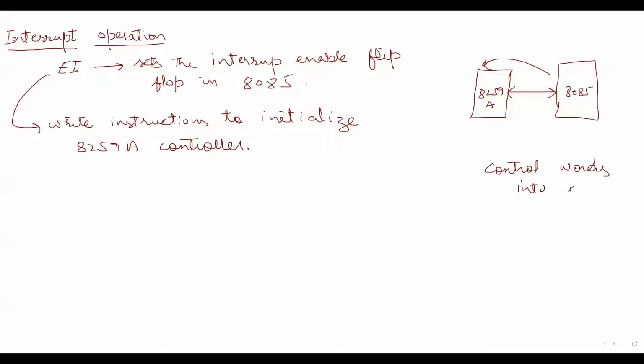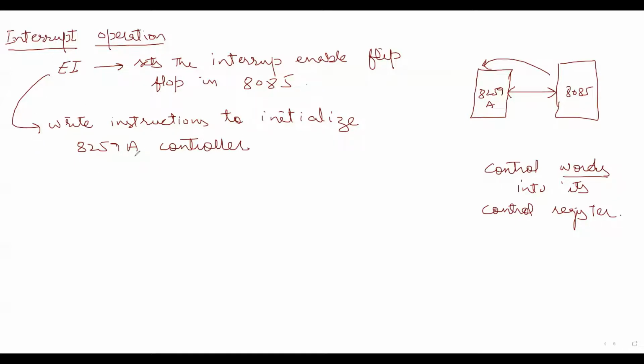Words means some data. What kind of data it has to transfer, we have to write those instructions here. I will show you what those instructions are and how we can transfer those words from 8085 to 8259.